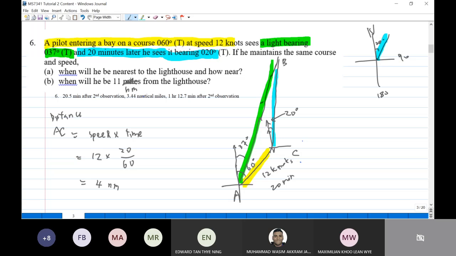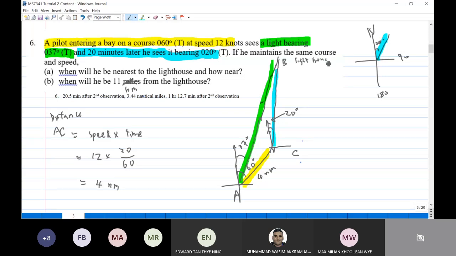Then you know that this is 4 nautical miles, so I can put it down as 4 nautical miles. Okay, so B is the lighthouse here.